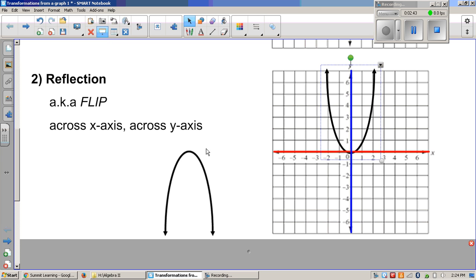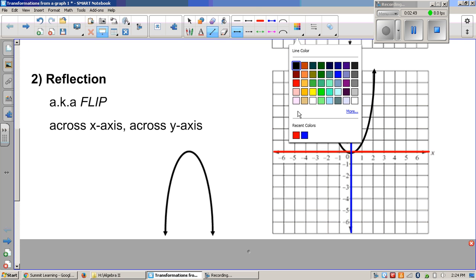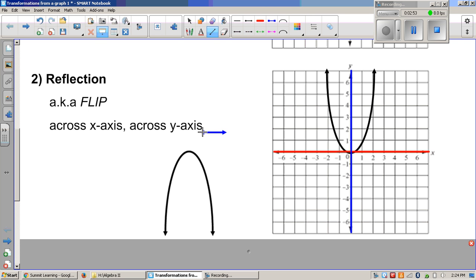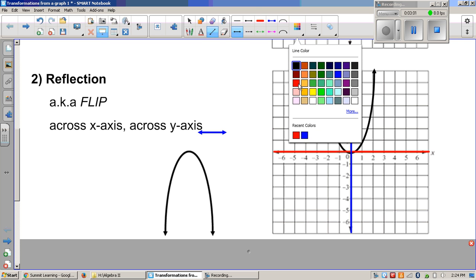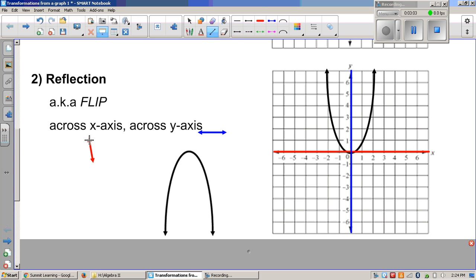So, across the y-axis, we could say that that type of flip is horizontal. We go across the y-axis. And then if we reflect across the x-axis, that's a vertical change.